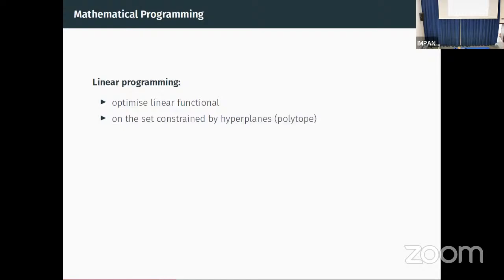Okay, so that brings us to the next topic, namely, probably everybody has seen linear optimization. It means you have a linear functional, you have a set of hyperplanes, you say, I'm bigger than this one, less than this one, only on that hyperplane, and I'm trying to maximize the function. Okay?